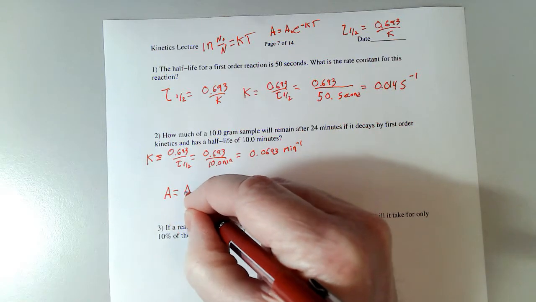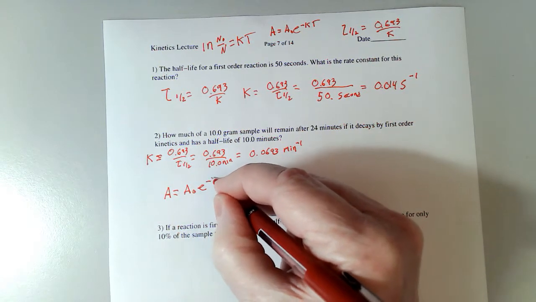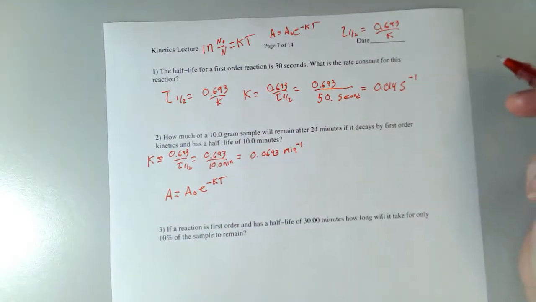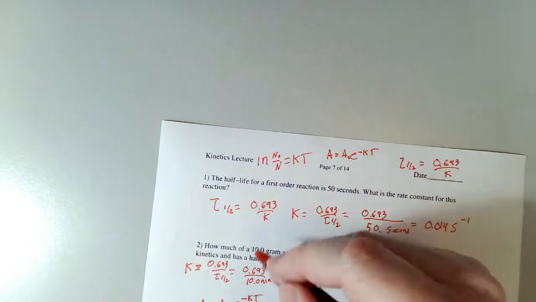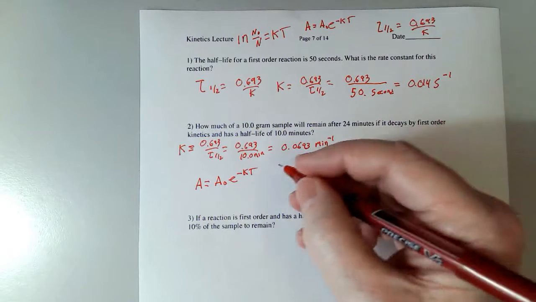Now, since we're looking for how much is left, the most convenient way to solve this is: the amount left is the amount we started with times e to the negative kt. You could solve it the other way also; you'll end up doing the same thing in the long run.